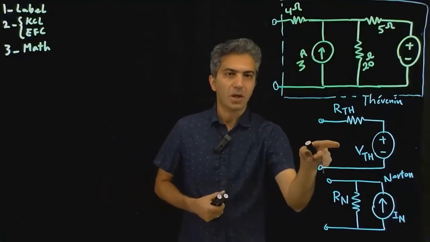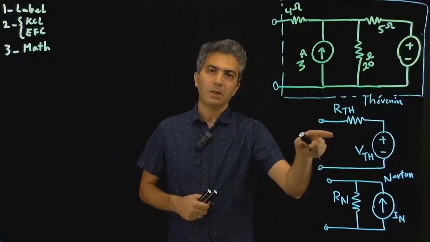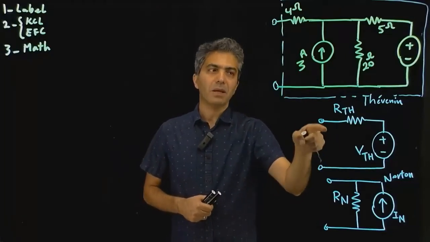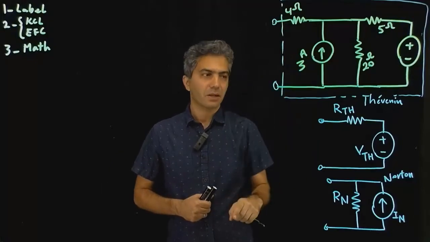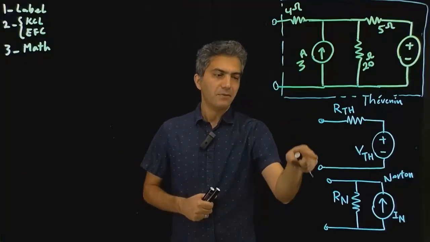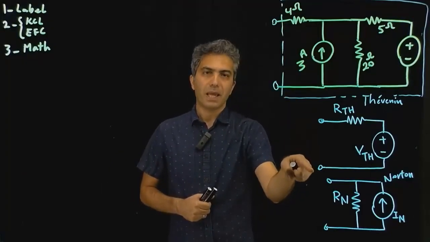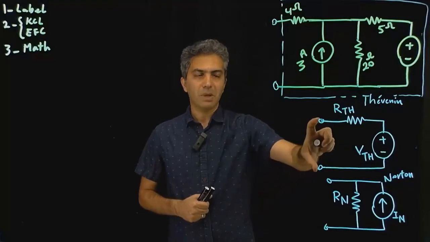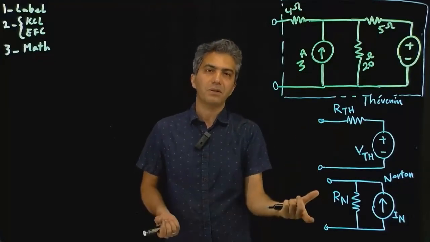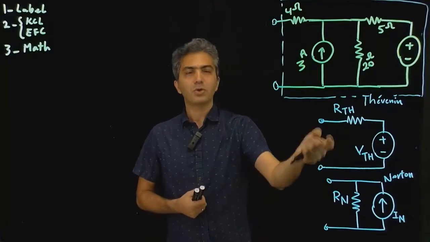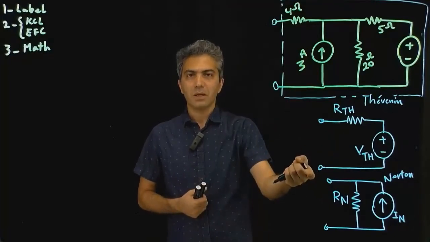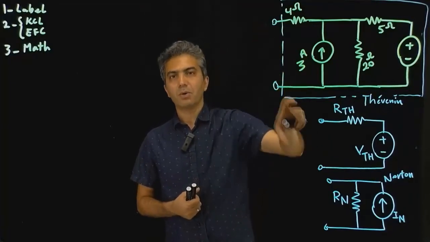So let's start with this hypothetical model that I'm basically claiming would represent that circuit. If I leave this port open and basically measure the voltage, that's one of the situations that could happen and should be included in equivalency. In other words, I said if I put any component here, right?